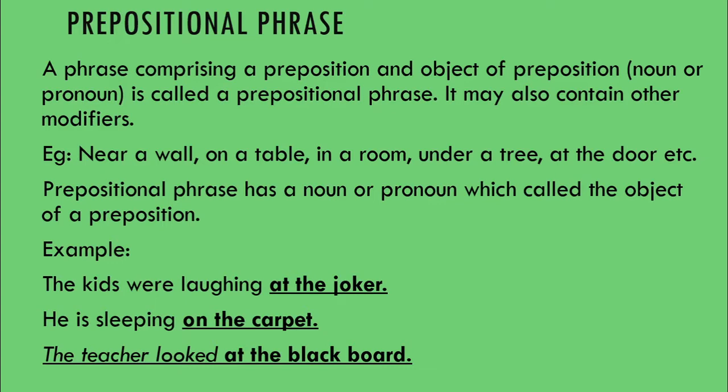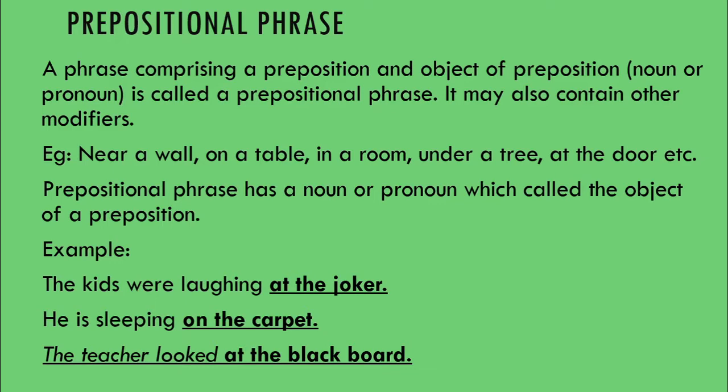For example, near a wall, on a table, in a room, under a tree, at the door, etc. So all these are considered as prepositional phrases. So now we can say that a prepositional phrase has a noun or pronoun which is called the object of a preposition. For example, the kids were laughing at the joker.